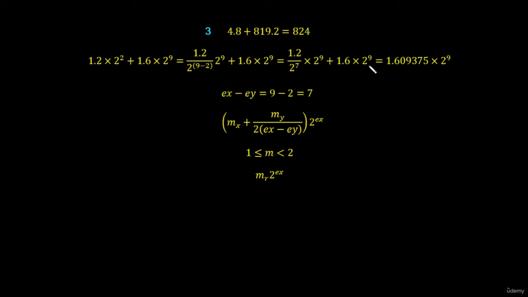And in this example, you'll notice that the final answer is a mantissa value which is greater than or equal to 1 and less than 2. So it means that there's no normalisation required in this particular example. We're going to have the final result, MR, and it's going to be times 2 to the EX.